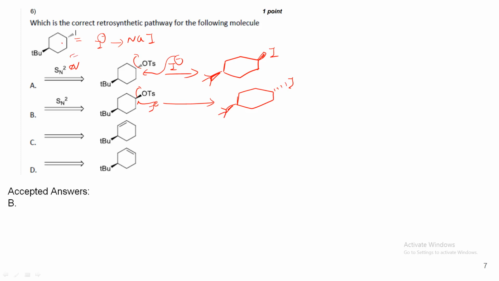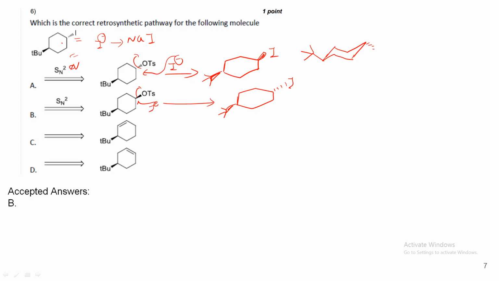So I am writing it this way, but if you present this, you should always follow the chair configuration, and the tertiary butyl would always prefer to be in the equatorial fashion. So here two things are there.